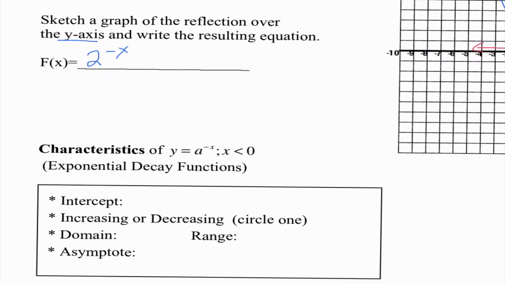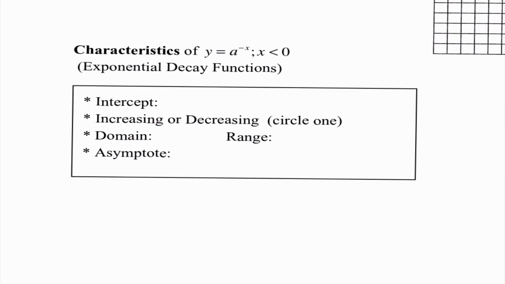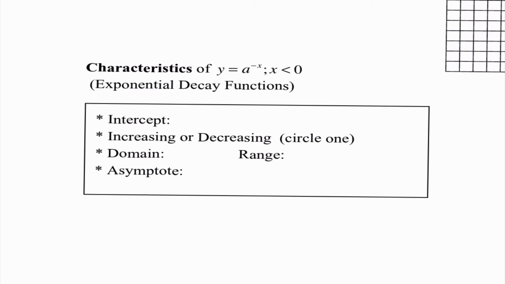Okay, so it's decaying because it is decreasing as we go from left to right. So if we look at this, the intercept of a decay function, and whenever we're talking about intercepts here, we mean a y-intercept, it is going to be 0, 1. It is decreasing.